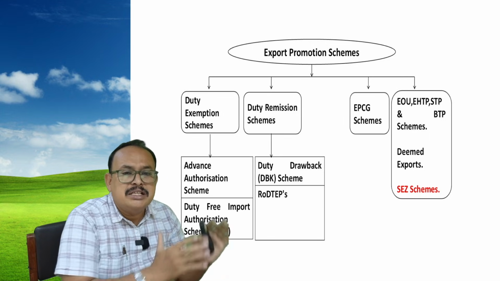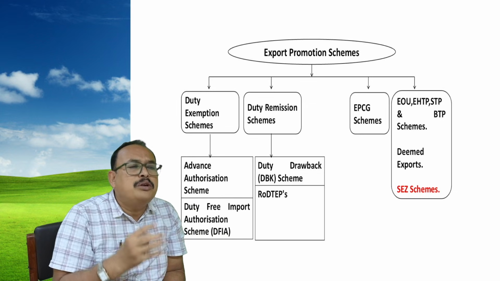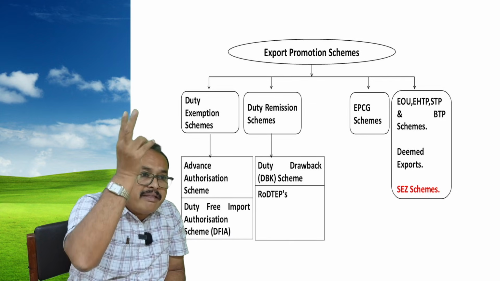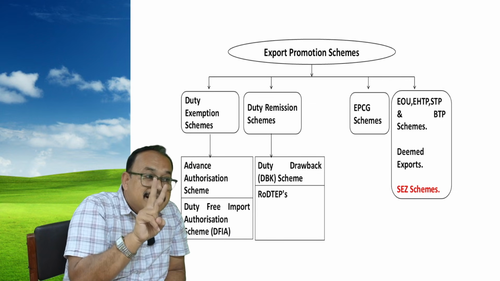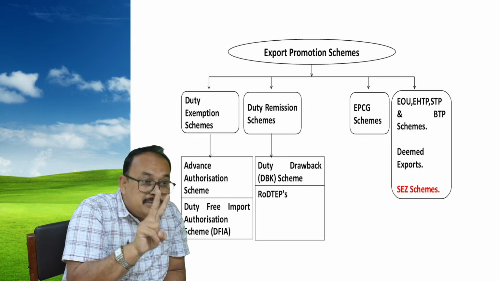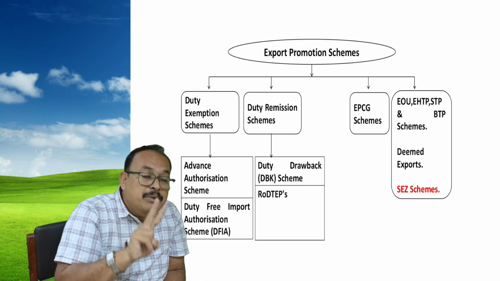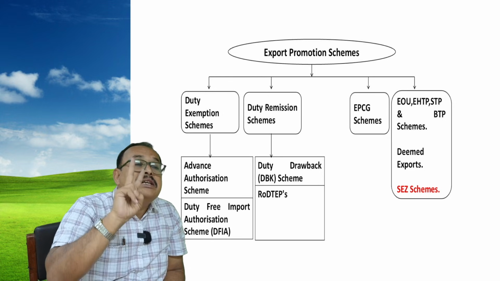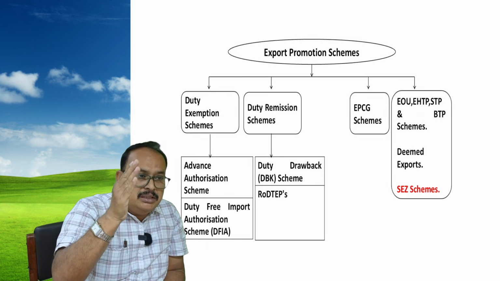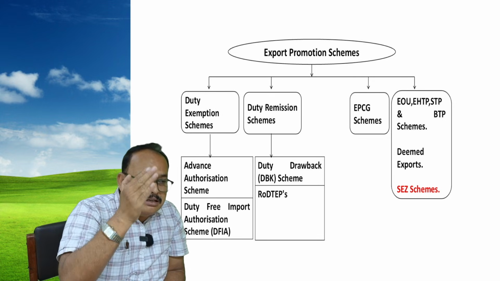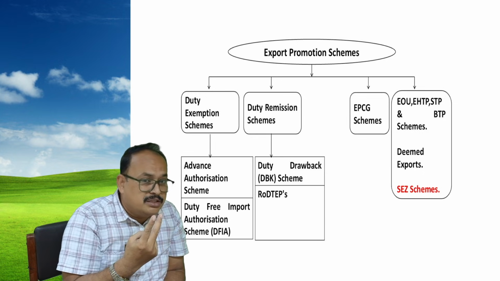In this process, the first and foremost is the export exemption scheme I am referring to. There are two exemption schemes, meaning duty exemptions, namely what we can call export promotion schemes. Duty exemption schemes consist of two things. What are they?